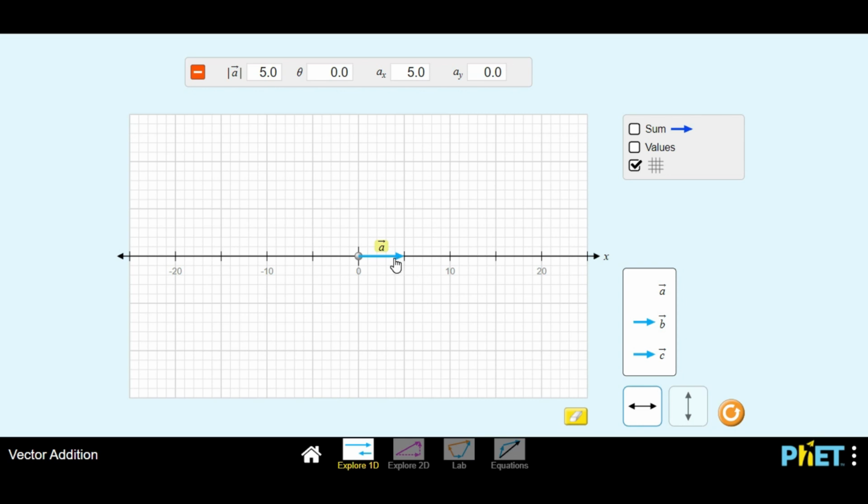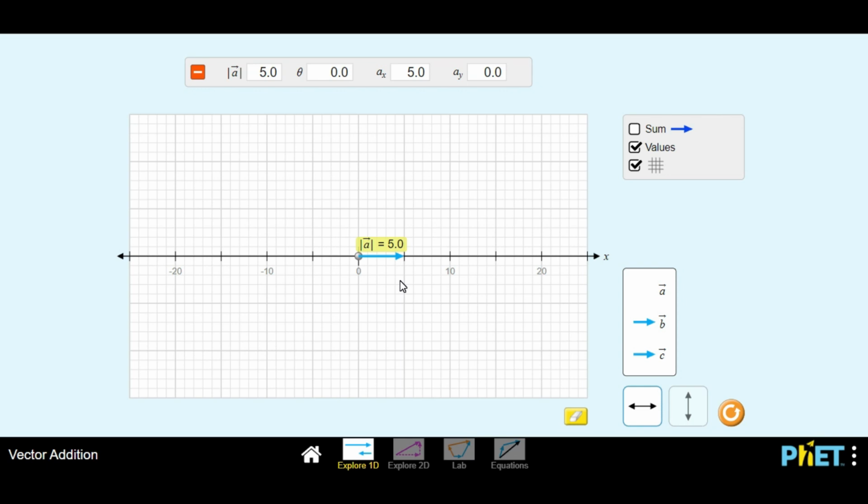We can also click this value option to show the value of this vector quantity. The magnitude is 5, and the direction, as you can see, is to the right. That is how we represent a vector quantity using an arrow.